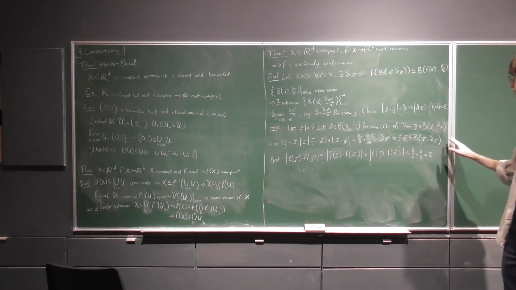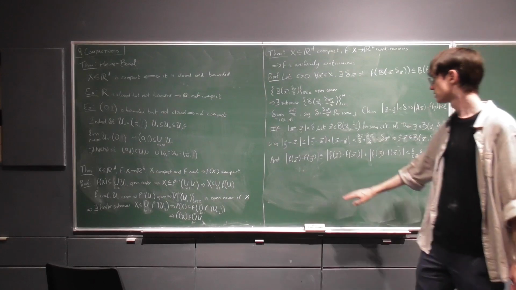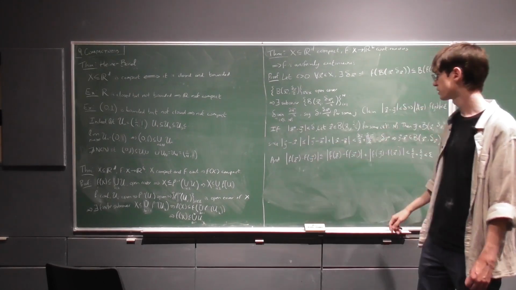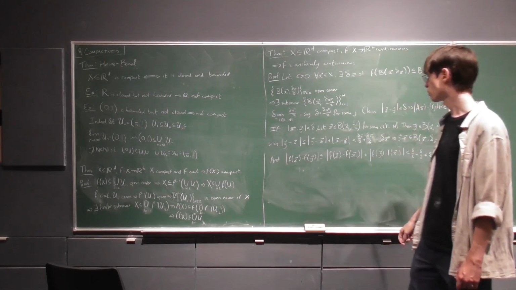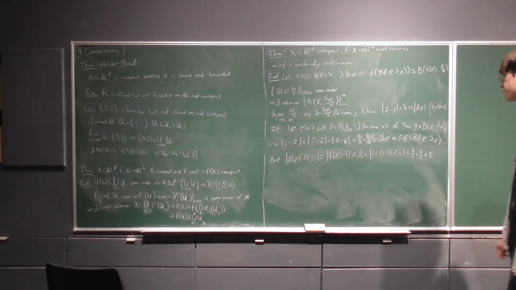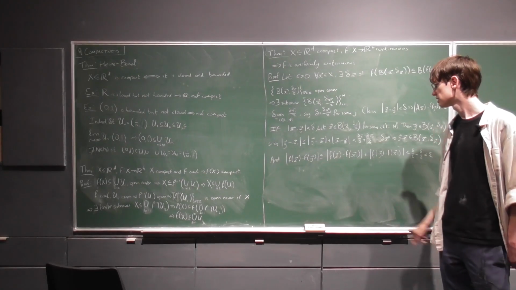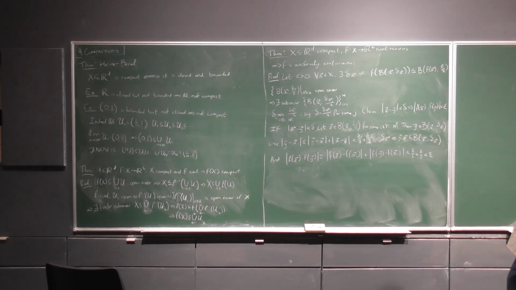From this, we can show that if any two points z and y are within a delta of each other, we can look at f of z and f of y, and again use the triangle inequality. We look at the distance between f of z and f of xi, and f of y and f of xi.